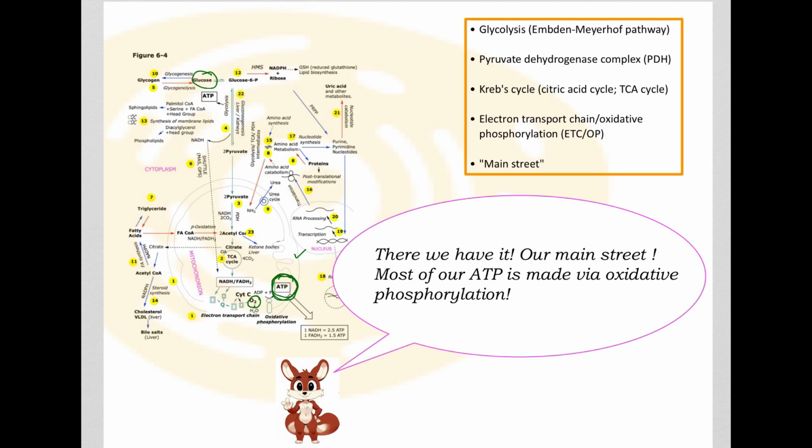So this oxidative phosphorylation is the most important source of ATP for cells that have mitochondria and oxygen. Of course, if you remember, that excludes red blood cells because red blood cells do not have mitochondria. Okay, so please keep this pathway, this main street, very important pathway at the back of your mind as we go through more videos on metabolism.